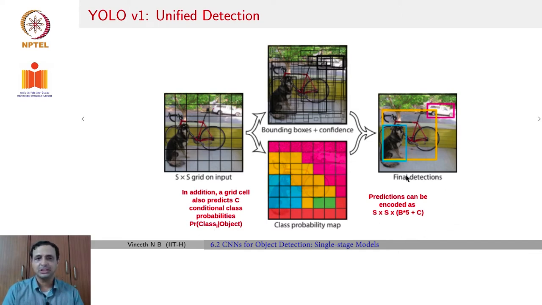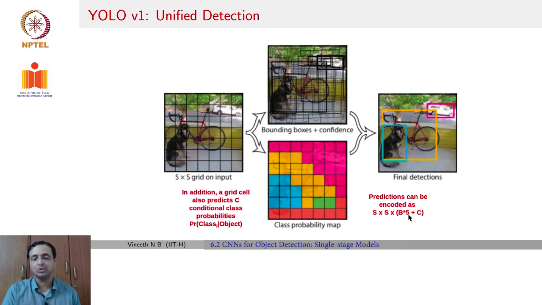The final predictions can be encoded as follows: you have an S cross S grid. Then in each grid location, you predict B bounding boxes. For each of those B bounding boxes, you have 5 values. What are those 5 values? 4 coordinates, which could be the center of the object and the width and the height, and a confidence for each bounding box.